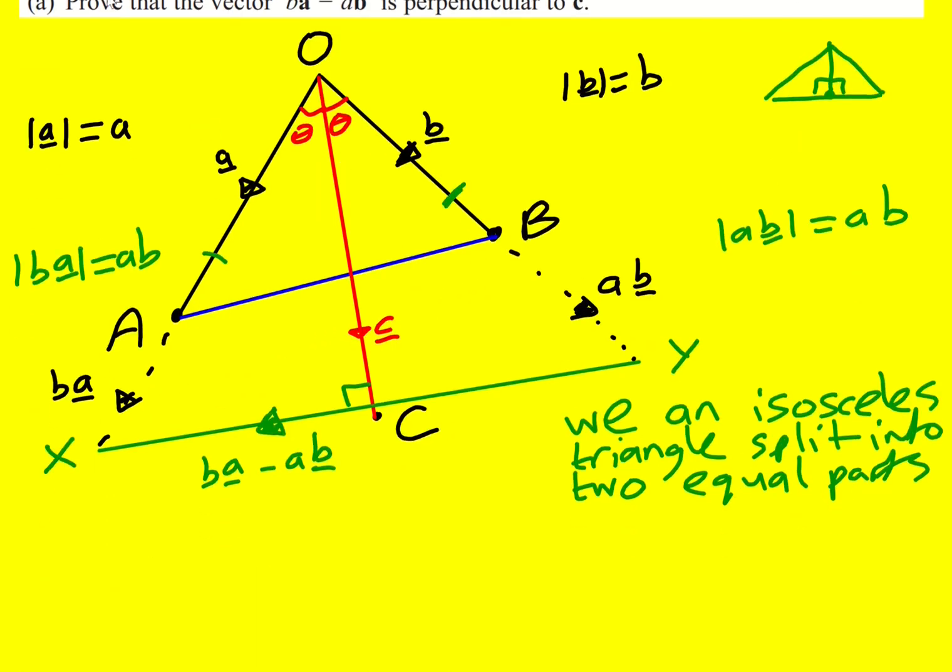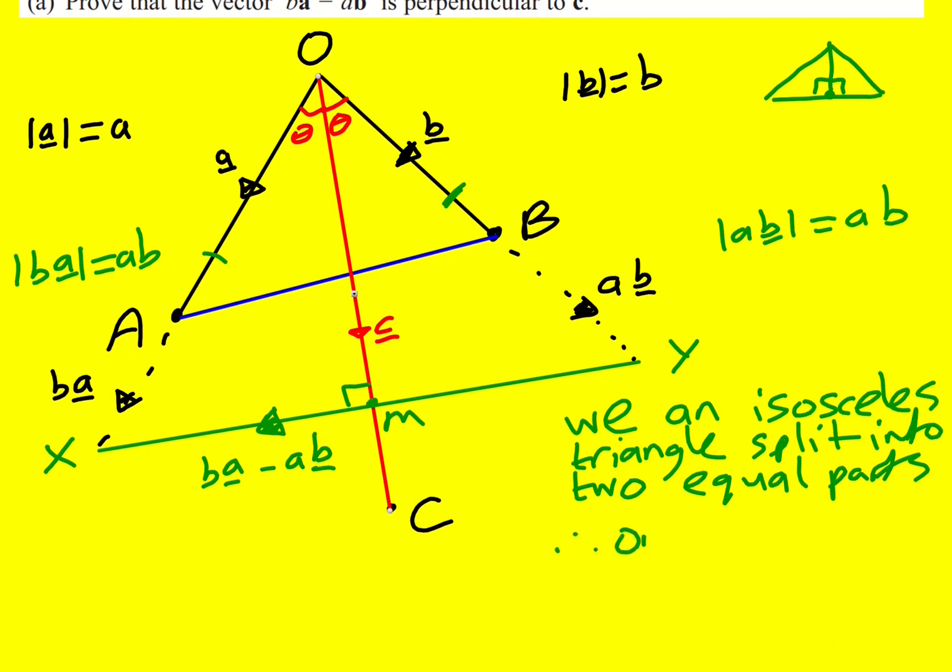Actually, I know I've put C, like C looks like it's very close, but it's not necessarily on the line. So I might just move it a bit further away. And I'll call this M, I guess.